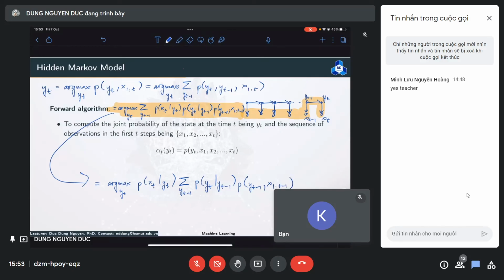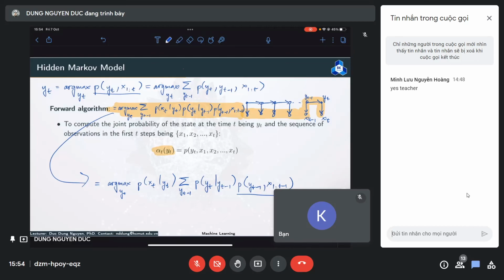But this term is similar, right? You see this one repeat in patterns, so they form a term called alpha t of yt.